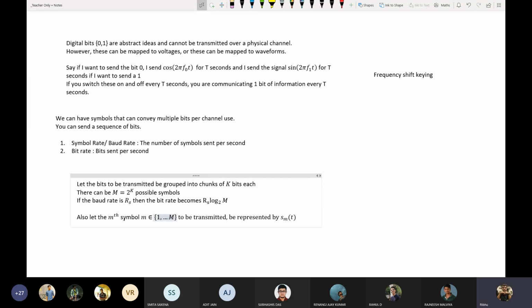Let the mth symbol waveform to be transmitted be represented by SM(t).